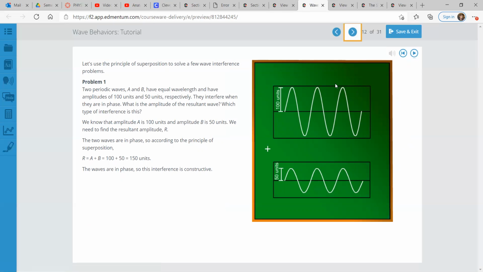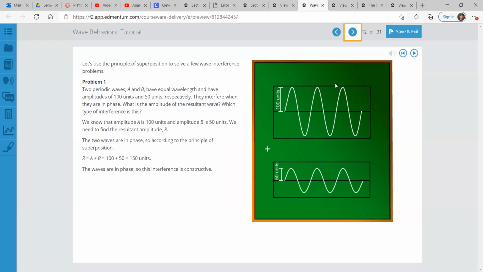So we're going to look at a problem now, and using the principle of superposition, let's solve these interference problems. Two waves, A and B, have equal wavelength and amplitudes of 100 units and 50 units, respectively. They interfere with one another when they are in phase. What is the amplitude of the resultant wave? Which type of interference is this?